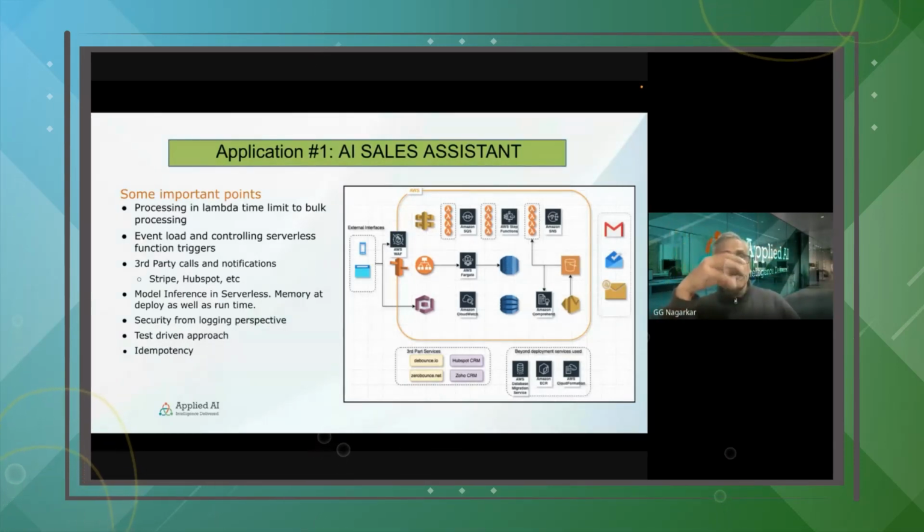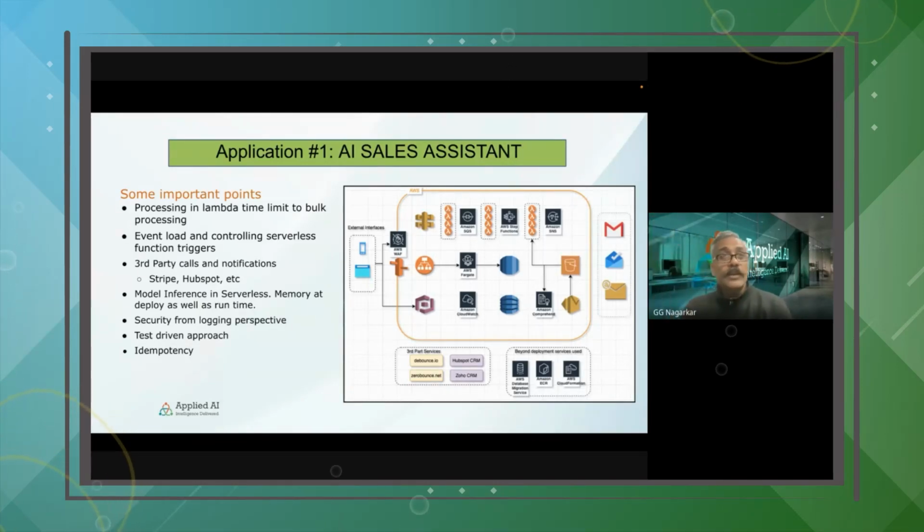Some of the core libraries that were required were put into a different layer, which does not change often, like scikit or some of those, right? And only the model that is generated was deployed into a custom container in serverless. And that's where we were able to manage the deploy time memory and size requirement.